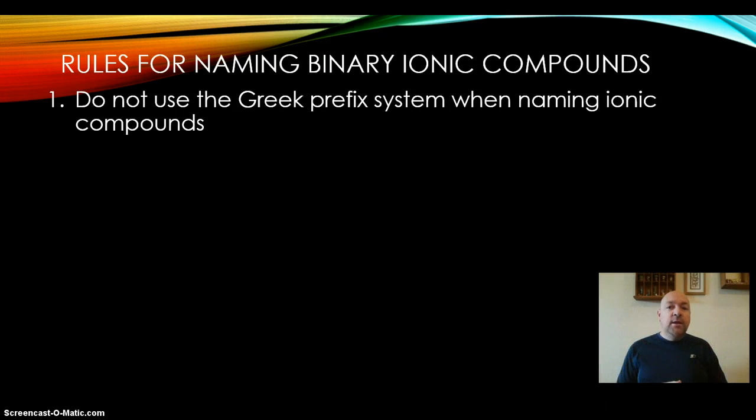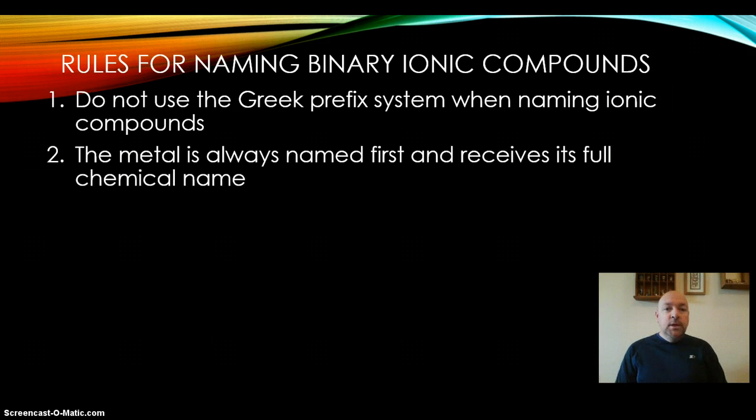It's not that this particular metal is bonded to this particular nonmetal. It's a ratio between them, and so we don't use the Greek prefix system in there, which is actually one less thing that we have to do. It just simplifies everything.